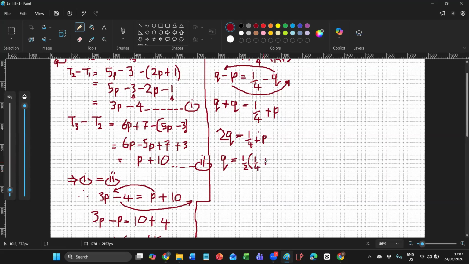People who love to go all the way will go all the way. So either you leave it like that or you give an expression that does not have brackets in it, which will be 1/8 plus P/2, right? Yeah.